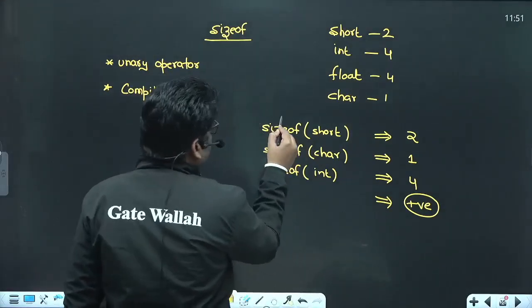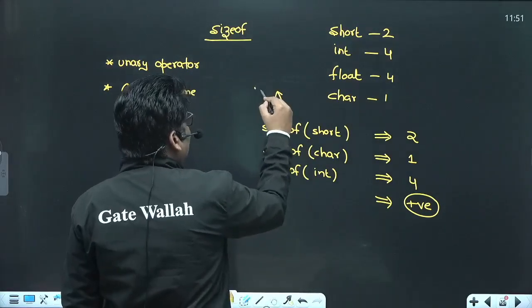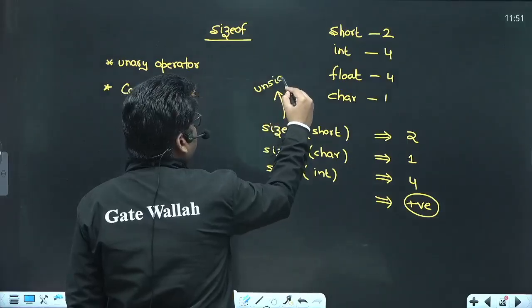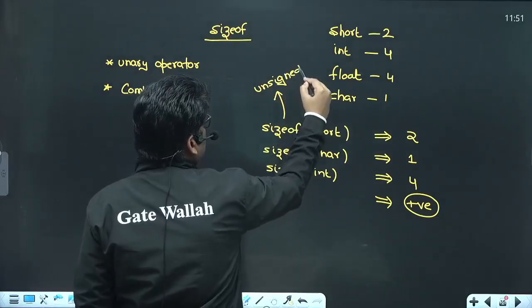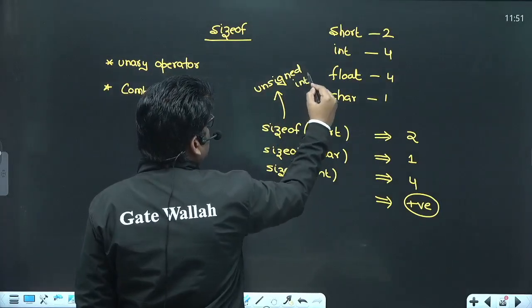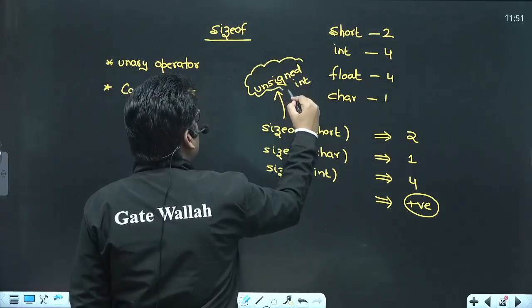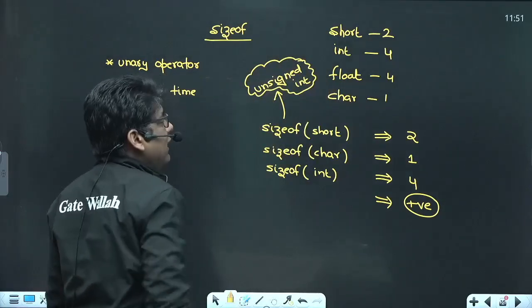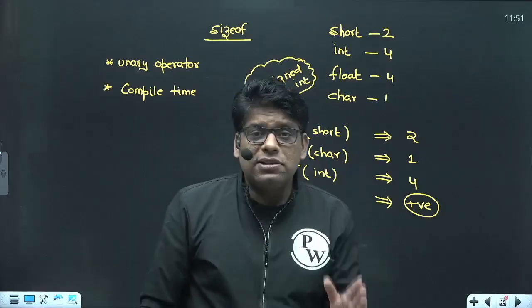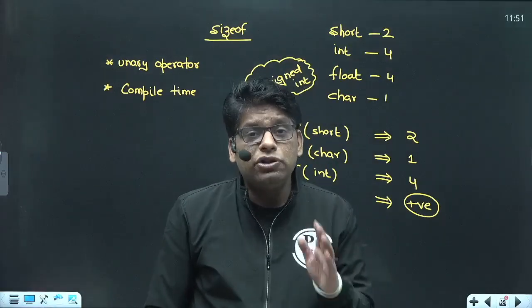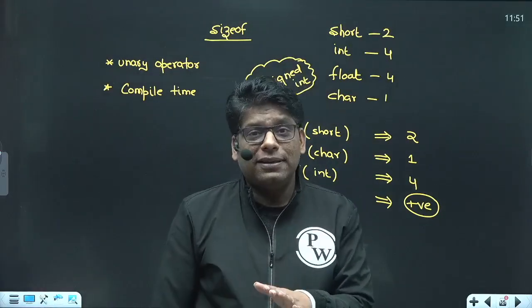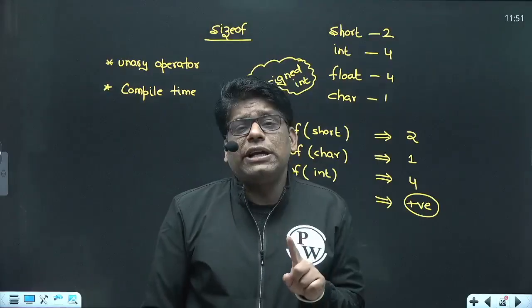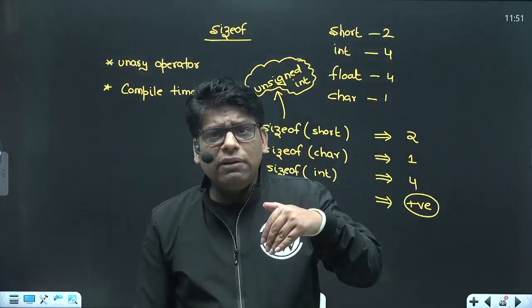The sizeof operator always gives the answer as an unsigned integer. I am not saying that the sizeof operator does not work on signed values. I am saying what the answer of sizeof is. The operand of sizeof can be negative, of course.